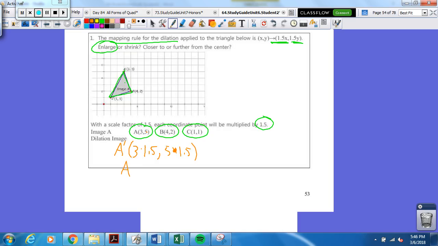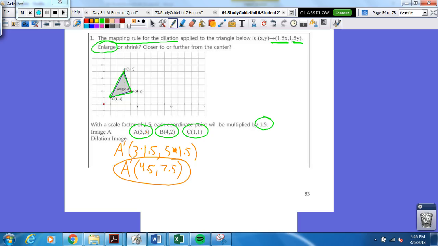So A prime is 3 times 1.5, which is 4.5, and 5 times 1.5, which is 7.5. So A prime is (4.5, 7.5).